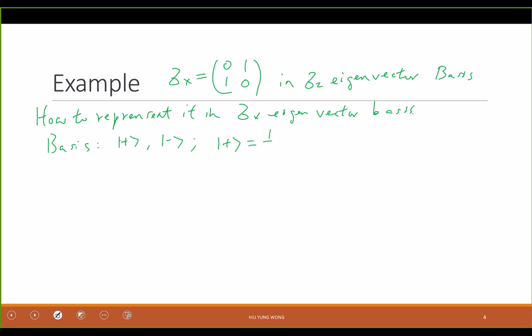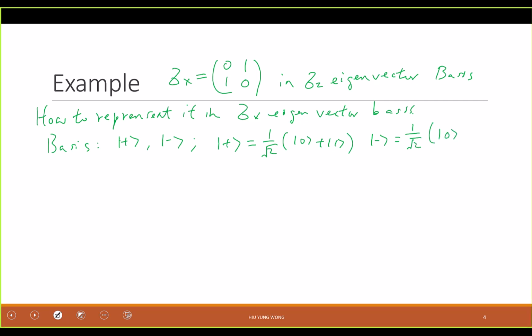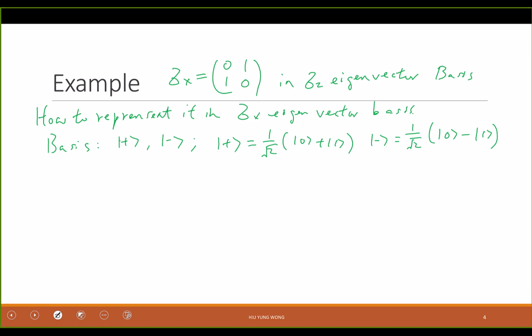What is plus? Square root of 1 over 2 times 0 plus 1, right? How about the minus? Do you remember what it is? 0 minus 1, because it's minus, right? And again, the fake 2D plane figure still gives you the right equation, right?